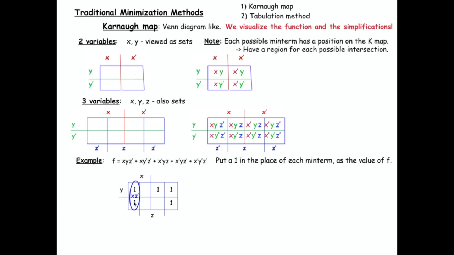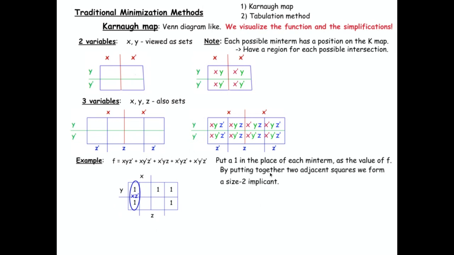So this is what we did just a couple of slides ago, but in reverse. Instead of taking a product of 2 and going to 2 minterms, we're taking 2 minterms and going back to the product of 2 variables, right? Any questions about this? I'm going to try to do it a few more times with this K-map.